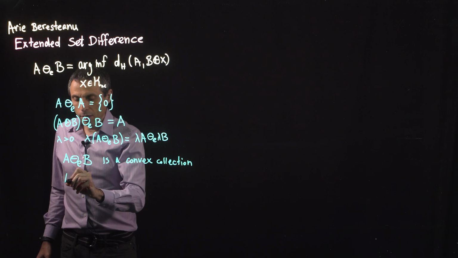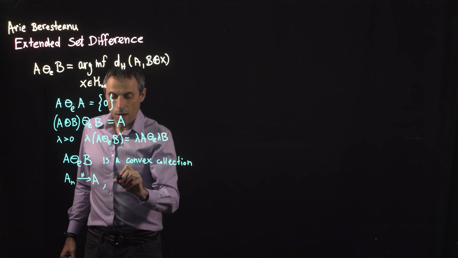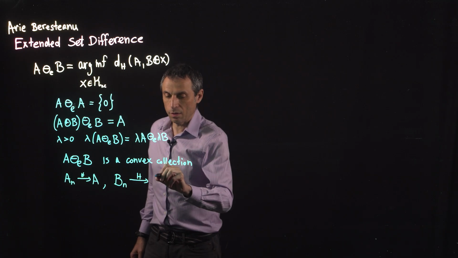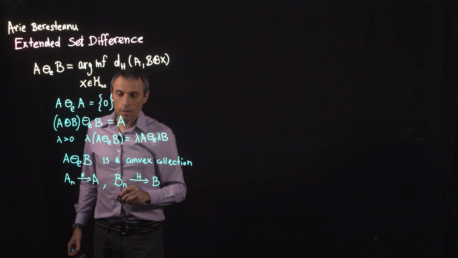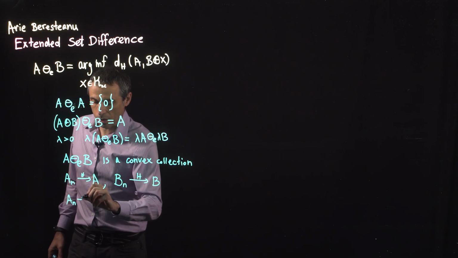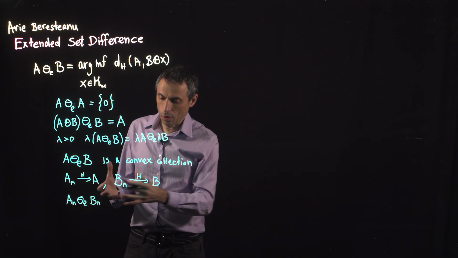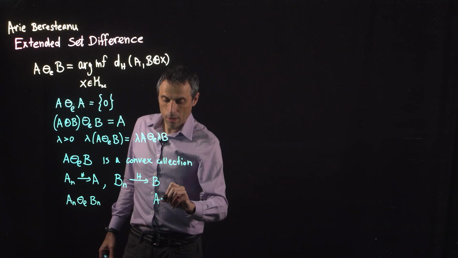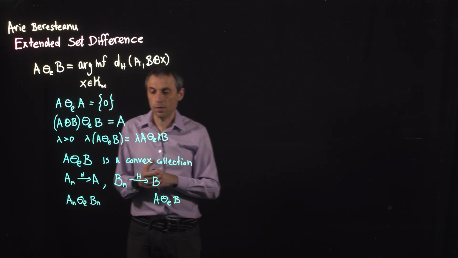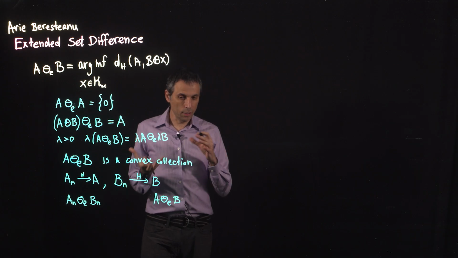So let's think about An converging in the Hausdorff distance to a set A, and a sequence of sets Bn, again converging in the Hausdorff distance to a set B. And we look at the sequence of An extended minus Bn, and we want to compare it, or see what happens as n goes to infinity, to A extended difference B. And again, here we have to be careful, because there are potentially several elements in this collection and potentially several elements in that collection. And so we need to be careful here.